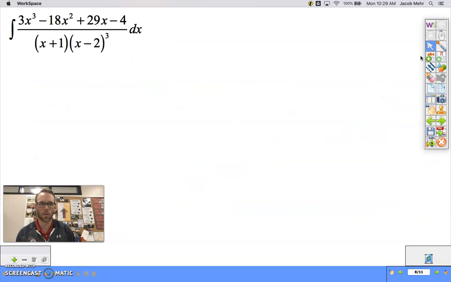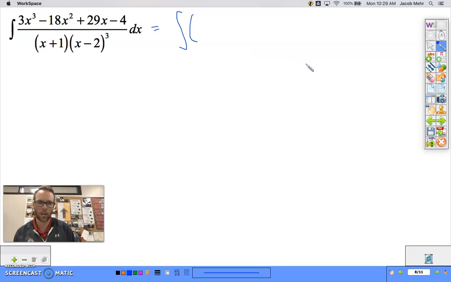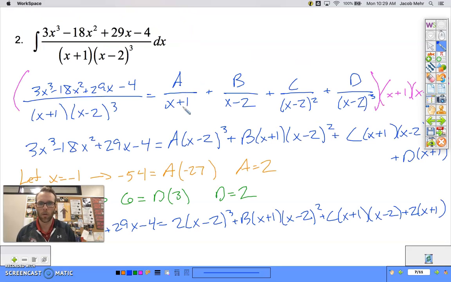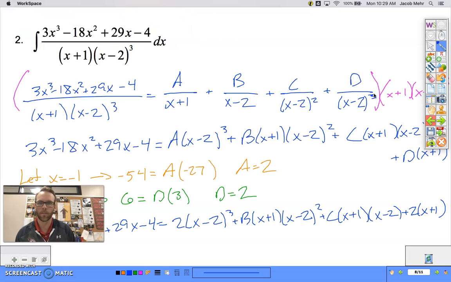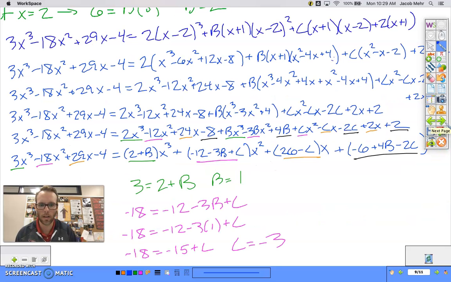This is equal to the integral of, well, what did we have? A over x plus 1. A is 2. That's 2 over x plus 1, plus b over x minus 2. b we got was 1.